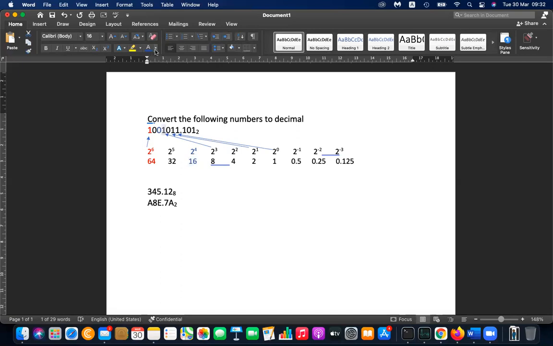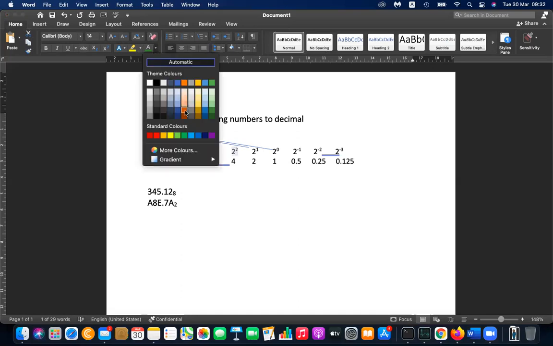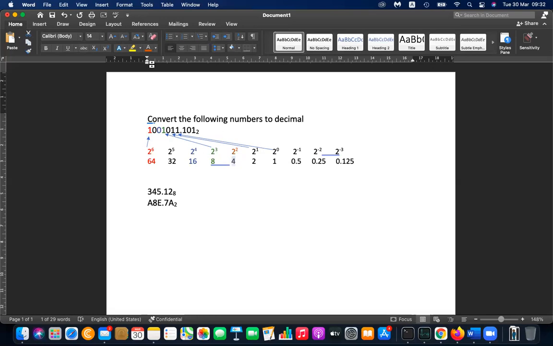Then this is green, the bit value, positional value, and this is the value. Again I'm going to keep this in orange color. This value is 0, no need to calculate that.